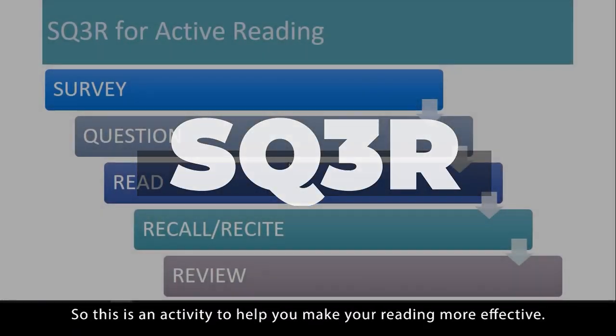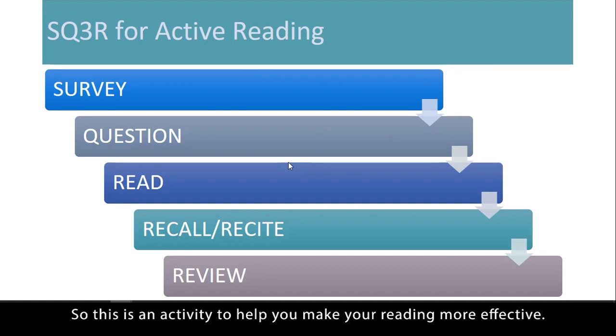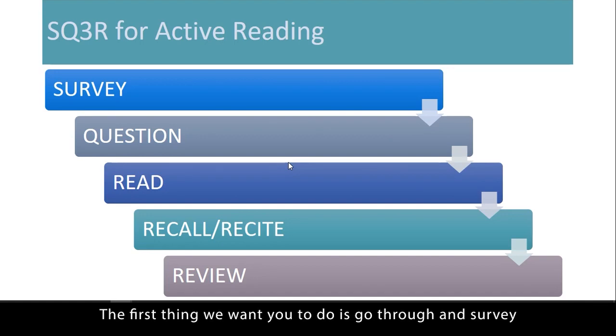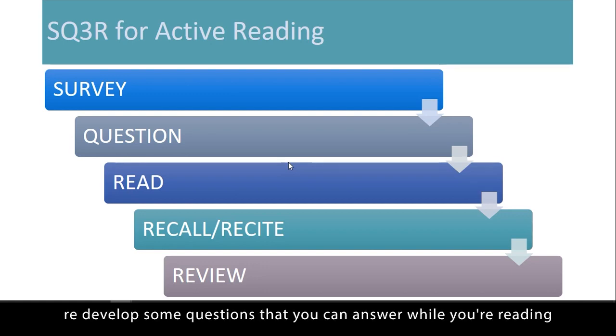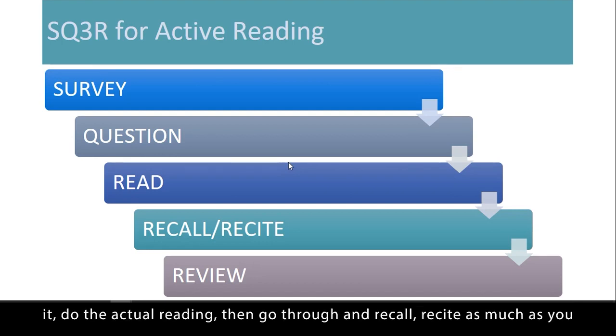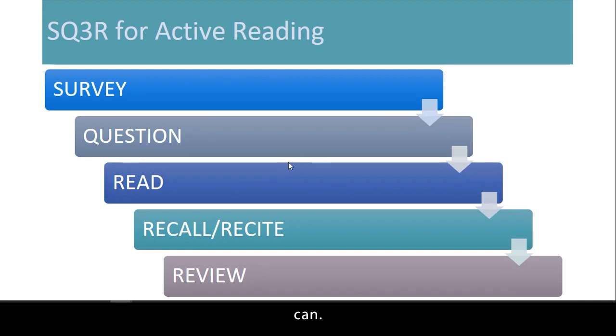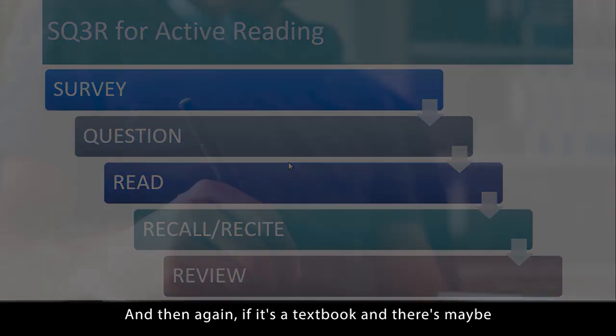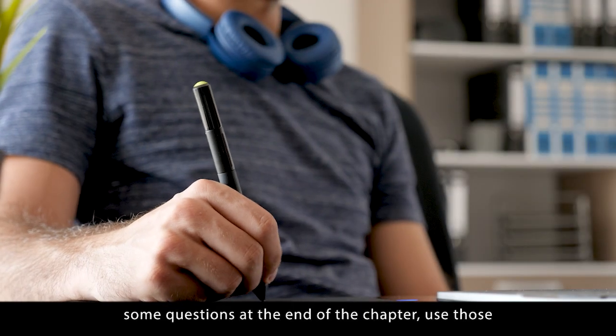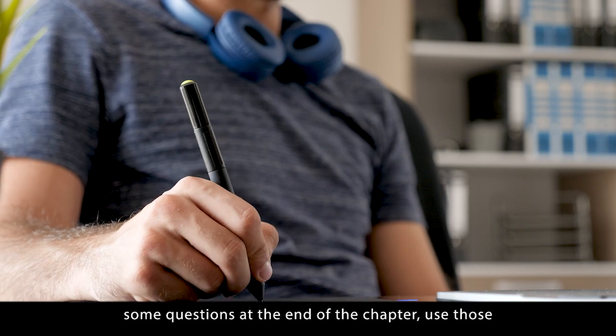All right, so this is an activity to help you make your reading more effective. The first thing we want you to do is go through and survey the reading, develop some questions that you can answer while you're reading it, do the actual reading, then go through and recall, recite as much as you can. And then again, if it's a textbook and there's maybe some questions at the end of the chapter, use those.